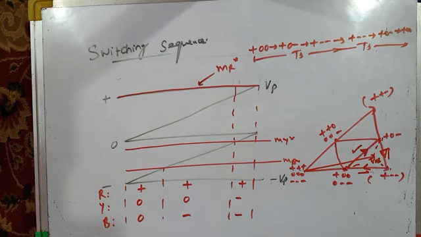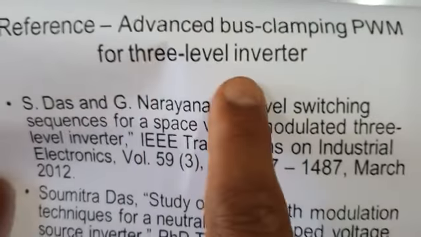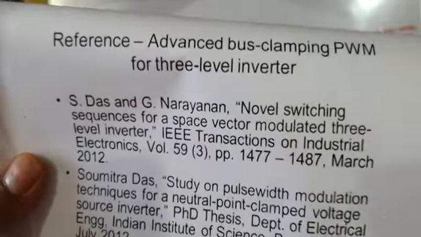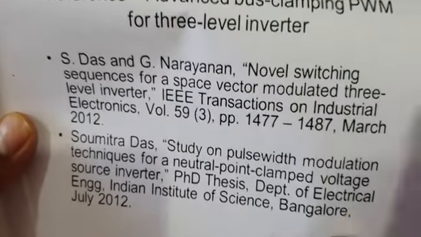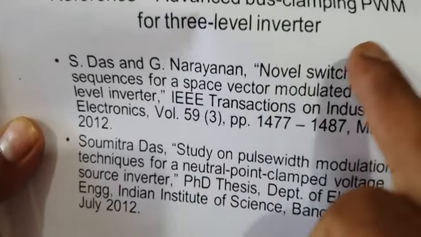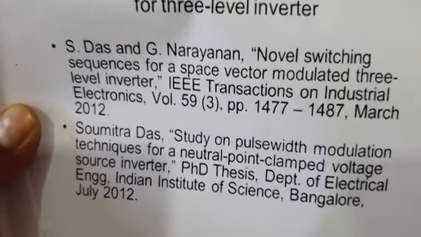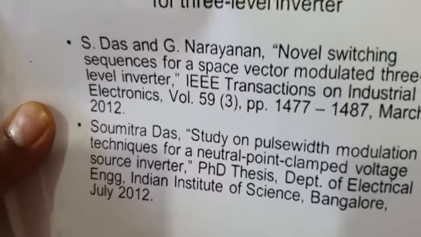Before I wind up the lecture, there are some more references for advanced bus clamping PWM techniques for 3-level voltage source inverters. When Dr. Tabish teaches you space vector in 3-level inverters, you can download these references yourself and study advanced bus clamping PWM for 3-level inverters, not from an examination point of view, but from the point of view of research in this area.